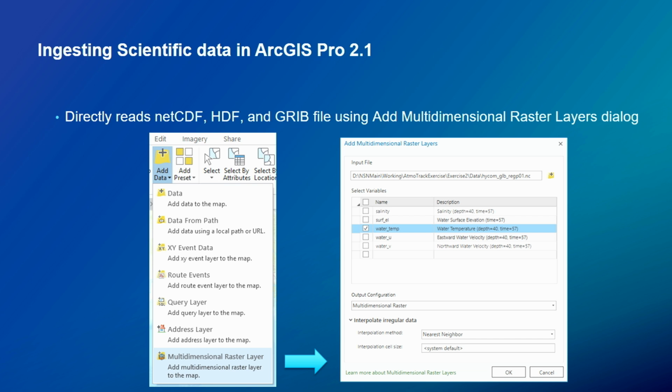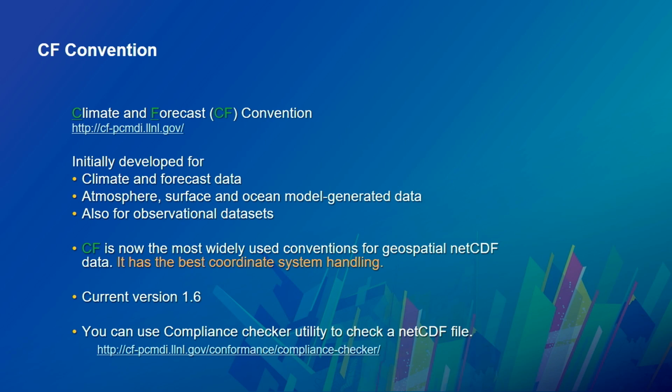Okay. Now, a couple of quick points before we start to see ArcGIS Pro in action. The netCDF file format, or HDF file format, or GRIB, is a very powerful, very flexible file format. Well, flexibility always brings some additional headache, right?